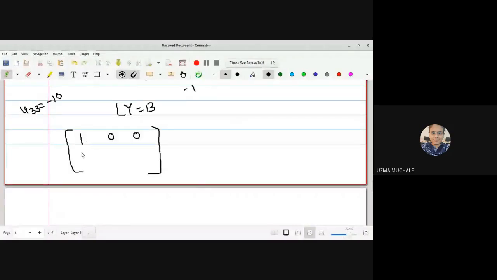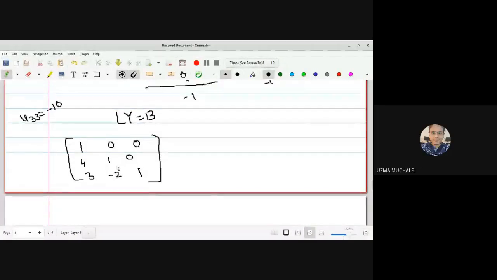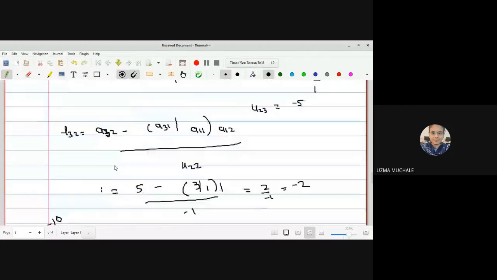Tell me what is L21 we have got? L21 is 4. 1, 0. L31 is 3. L32 is minus 2.